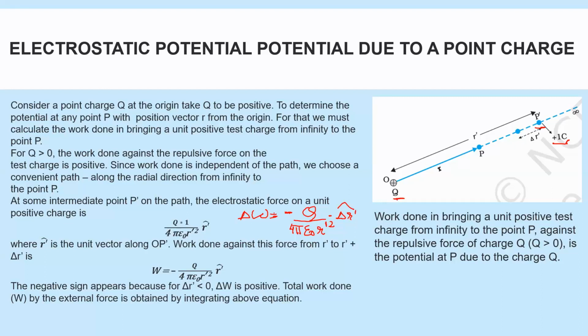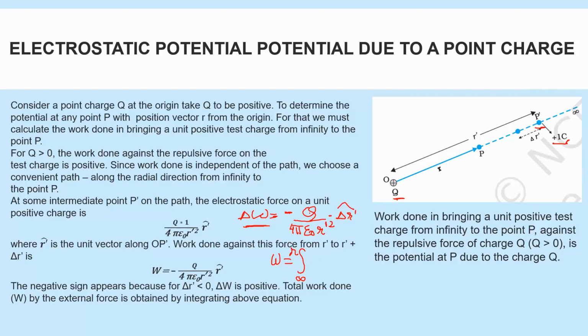If you integrate this, W is equal to the integral. Now we are going to integrate it from infinity to R, that is up to the point P that we want to find out.